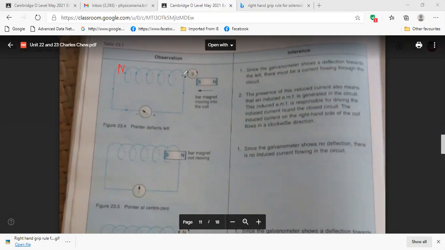We have a south pole in the magnet, and because of induced EMF and induced current, we got another south pole here. So they will repel each other, isn't it? This repulsion will not allow the magnet to move further.